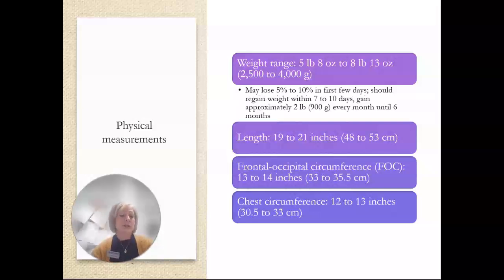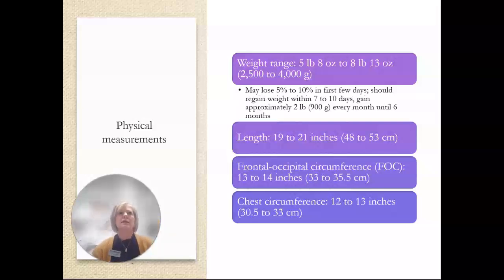Usually your babies are 19 to 21 inches. Frontal occipital circumference, and that is frontal to occipital, so it's right above the brow to the back of the occipital. That's important because we want to make sure that the babies don't have any kind of hydrocephaly or anything like that.